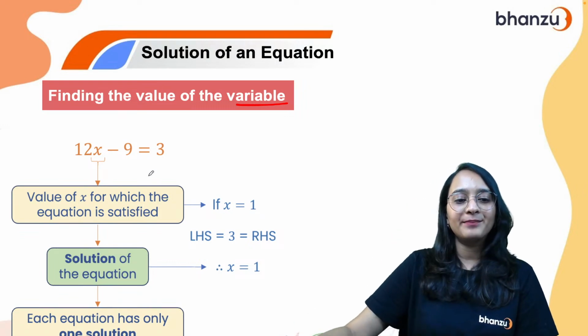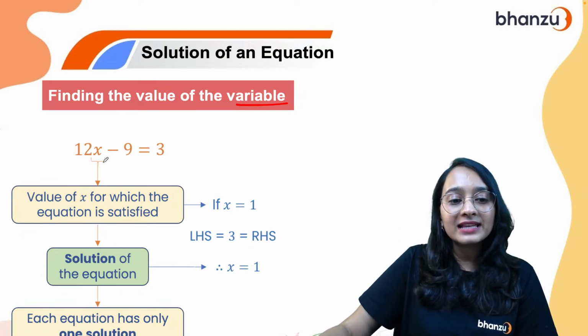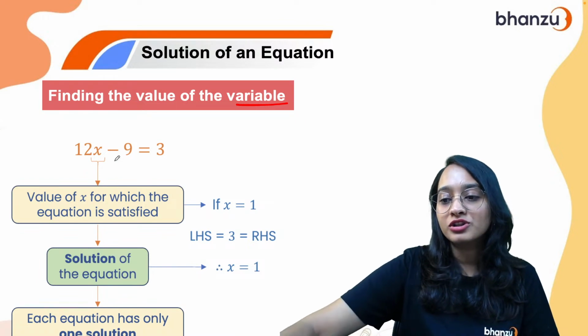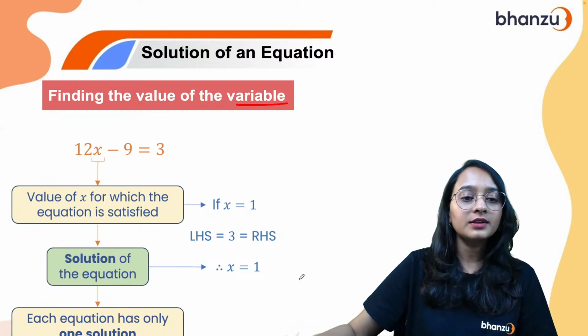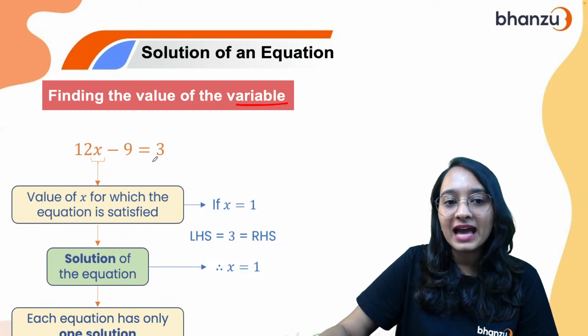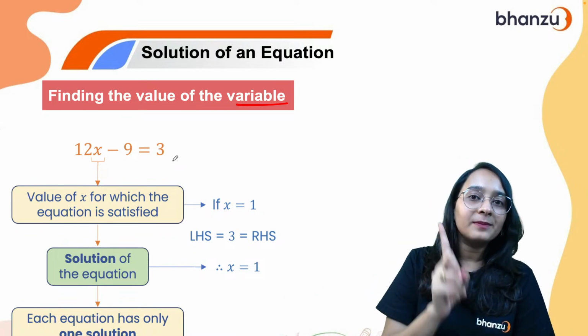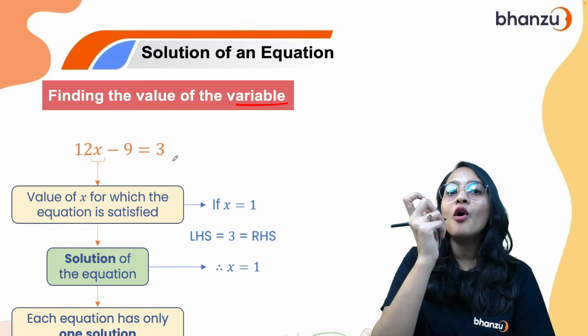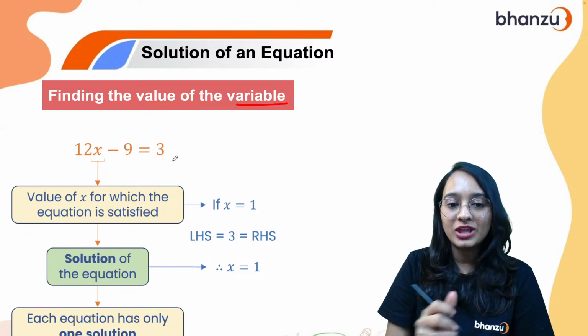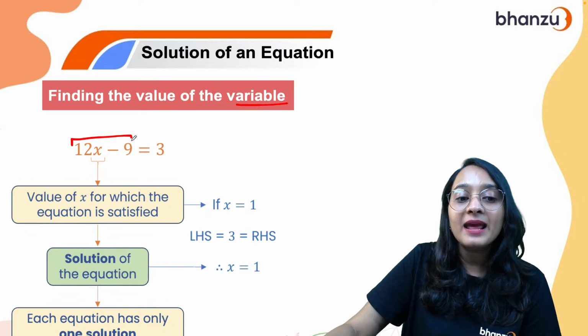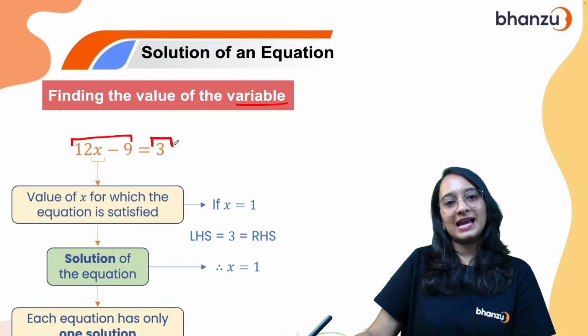Now, for example, we have 12x minus 9 equals to 3. Now, only when you substitute, you get a value of the variable such that your left hand side becomes equal to your right hand side.